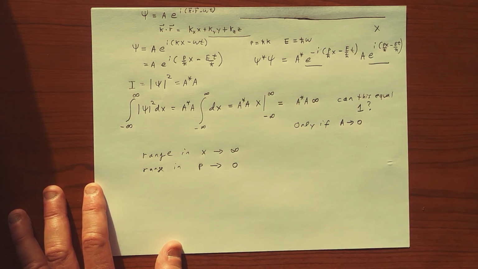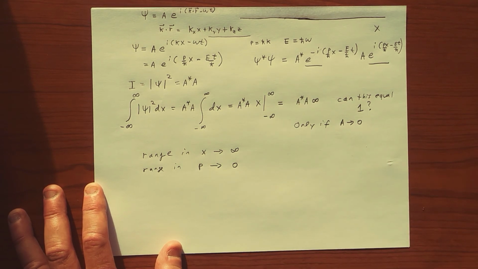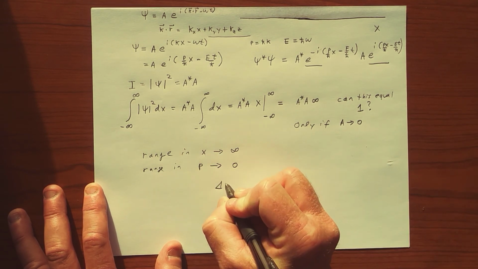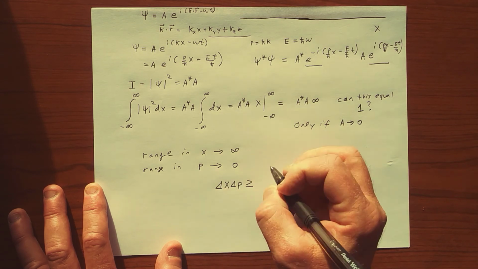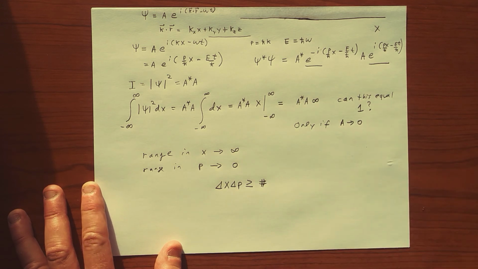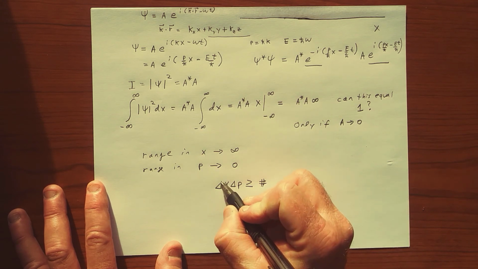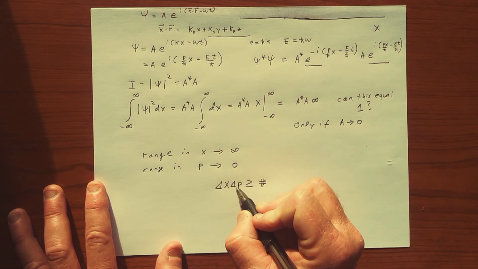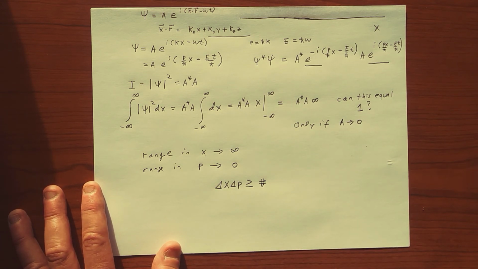And so it's also the case that this term, the uncertainty principle, is a little bit tricky, right? So we're going to get delta x times delta p is going to be greater than or equal to some number. And we'll get to that in a little bit. And we can see this is the first example of that. When the delta x goes to infinity, then the delta p goes to 0. But that's not a localized particle.